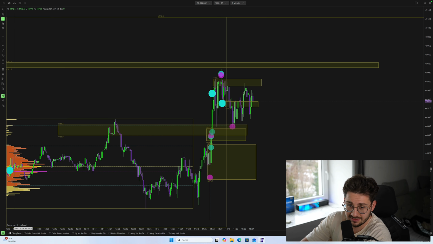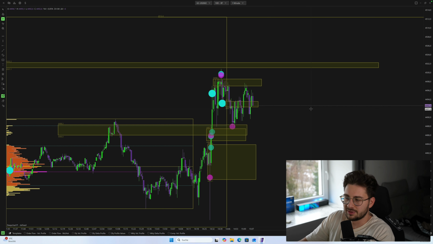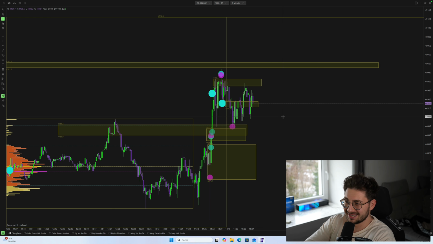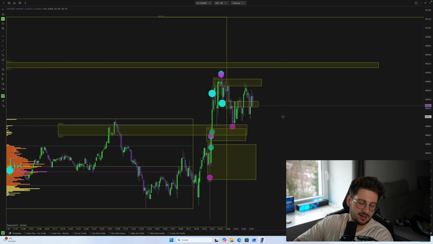You know, it's always like this, right? That's why I don't like this ICT theory anymore. Not because they don't work, but because it's not how the market works. They don't sweep your stop loss, because buyers and sellers both want to win. It's not that they manipulate the dumb traders.